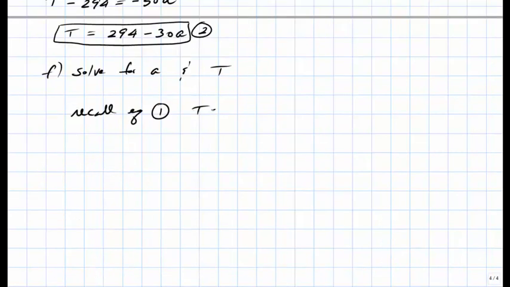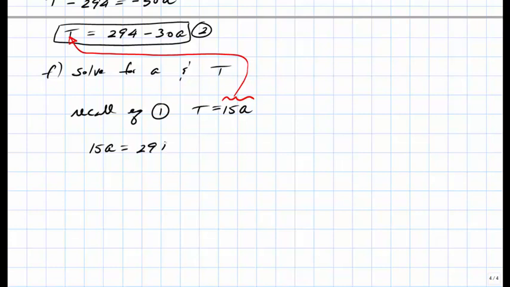So once again, T equals 15a, and what we can do now to solve for acceleration is to substitute the 15a instead of T within equation number 2. So instead of the T, we'll substitute 15a. That'll produce 15a equals 294 minus 30a.